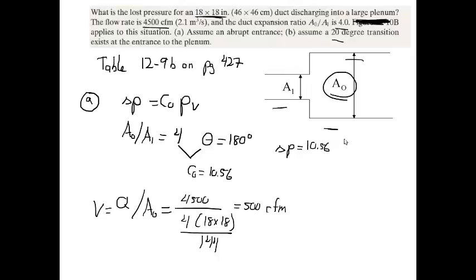So we get about 500, not CFM, 500 feet per minute. Should get a pressure of 0.165 inches of water.